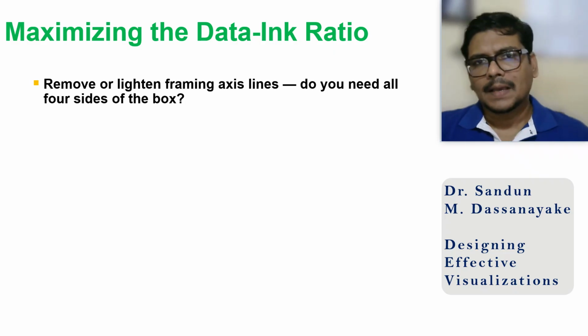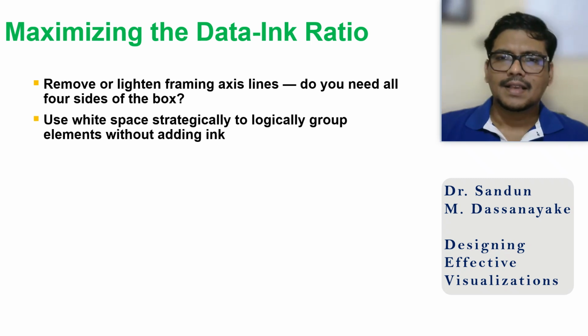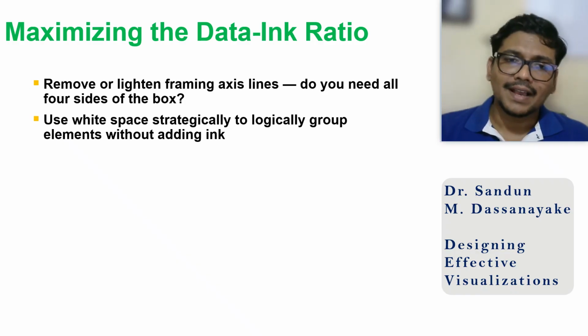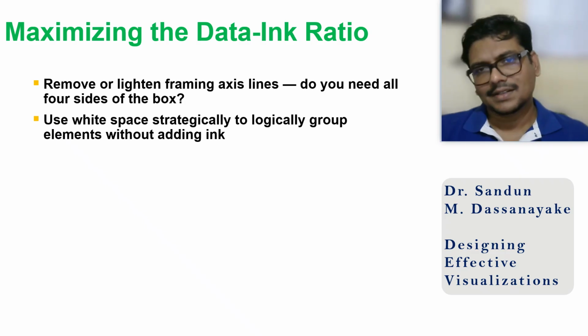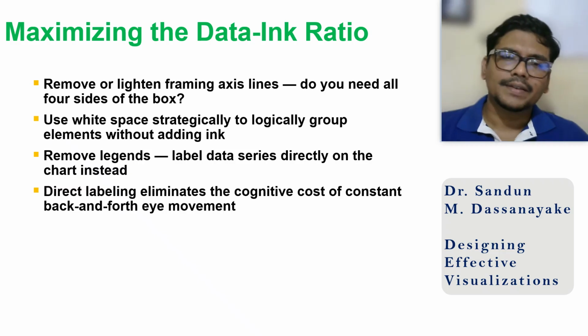Also, be intentional with your use of white space. Negative space isn't wasted, it helps separate elements and guides the viewer's eye naturally. And here's a game changer. Consider ditching the legend altogether.